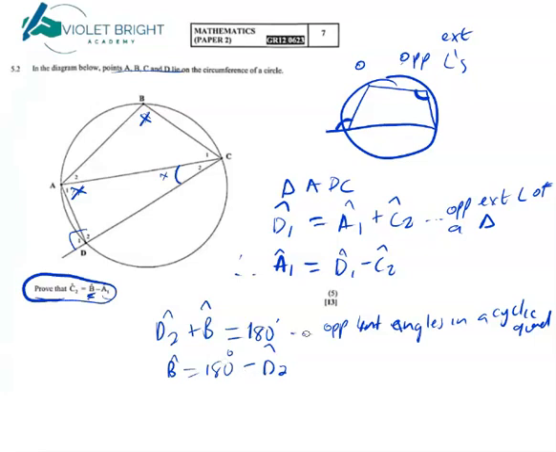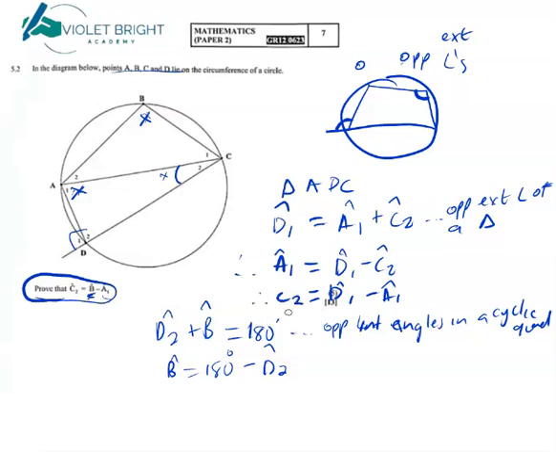So now we have to find c2. Or here, we can also say c2 equals d1 minus a1. Therefore, we know the value of c2.